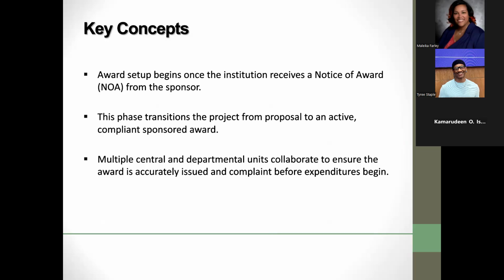So here, I'll go through the areas that are responsible, just for making sure you have a couple of sets of eyes on that award and its terms and conditions, all of those things. We have several areas that review it, and they have different responsibilities based on what phase of the award setup they handle.